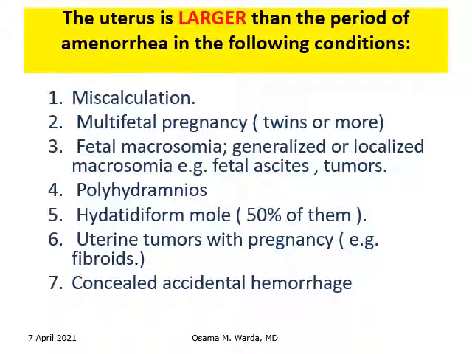The fourth cause of the uterus larger than the period of amenorrhea is the increased amount of amniotic fluid, such as polyhydramnios.